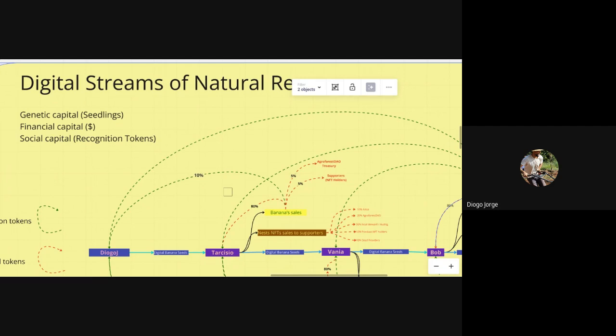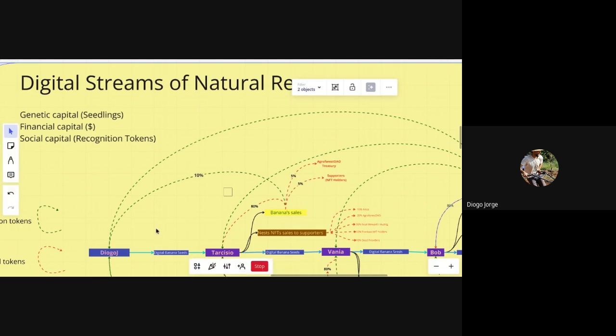So how to share in a way that is win-win, win for the local stewards, win for the supporter, international investor, or someone else. And one of the things that are important to this is to recognize the contributions.